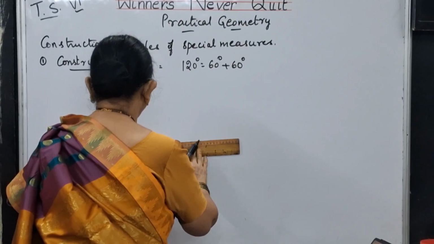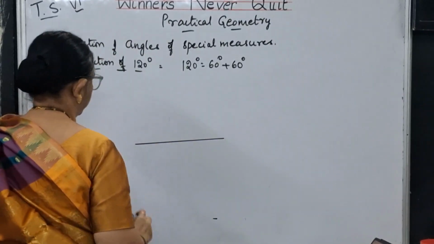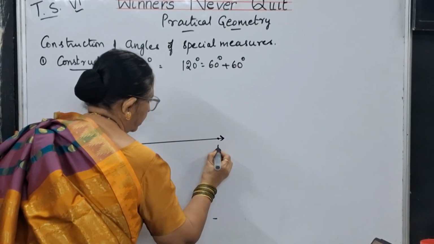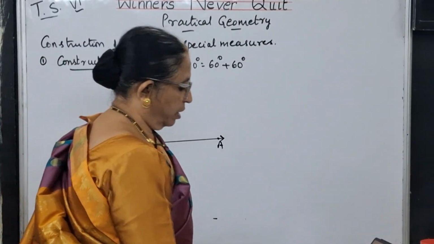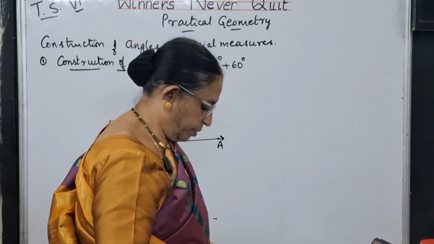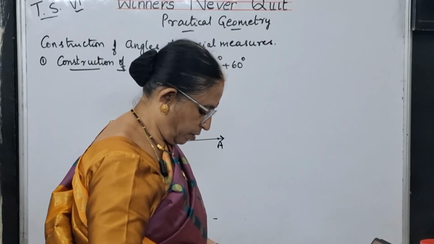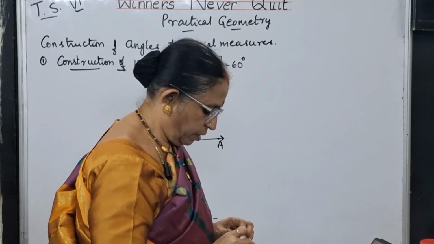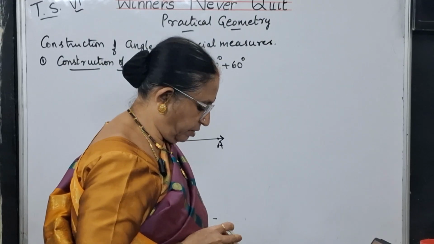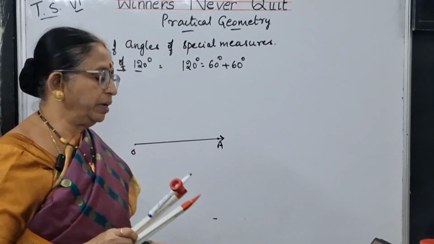So, how has it to be done? Let us see. First, let us draw ray OA. After drawing ray OA, with some convenient radius, just like how you have drawn for 60 degrees, you have to draw an arc.